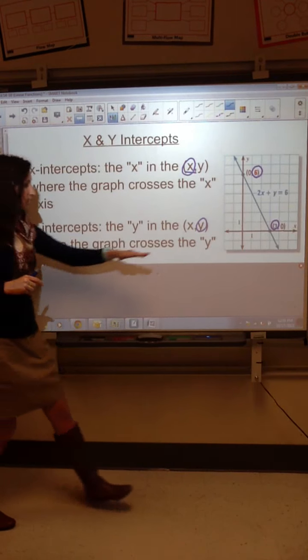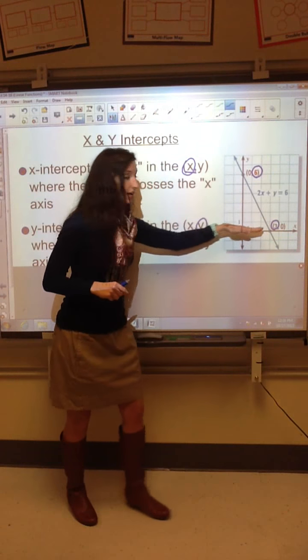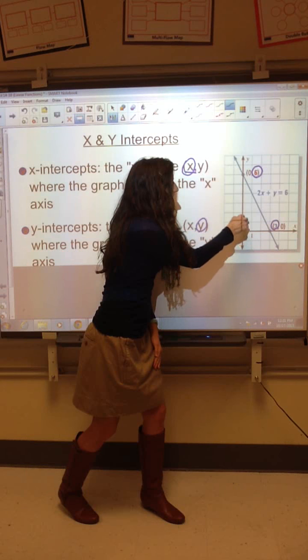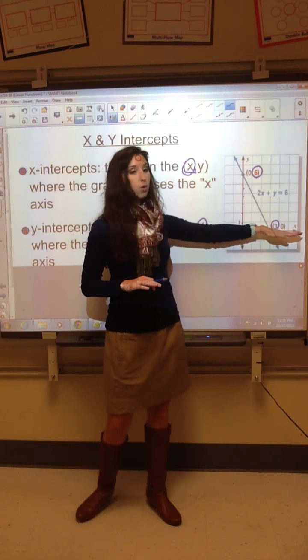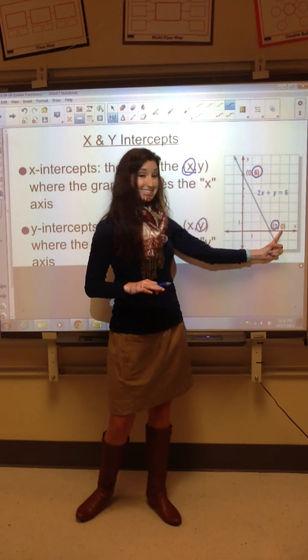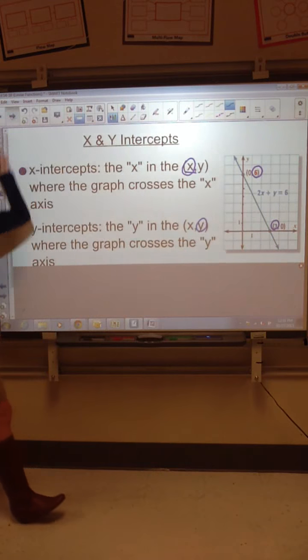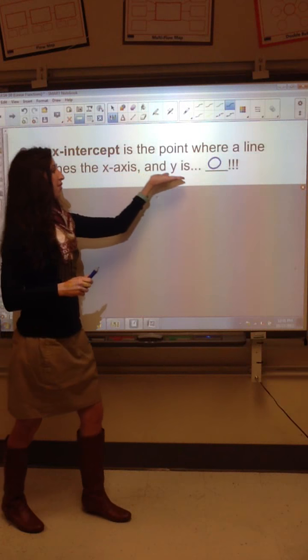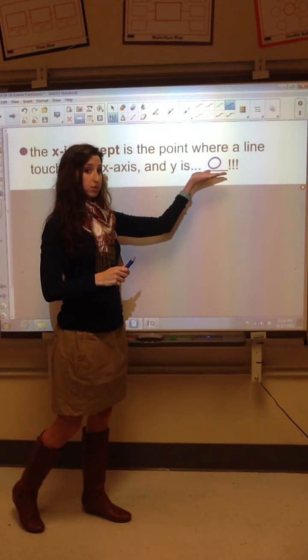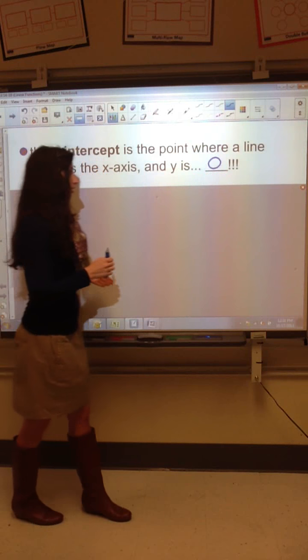Let's remind ourselves. If we're on the x-axis, have we moved up any on the y? No. So what is y? 0. So one more time, x-intercept is the point where it touches the x-axis and the y is 0. Remember, 0 is my favorite number. You're going to see why in a second.